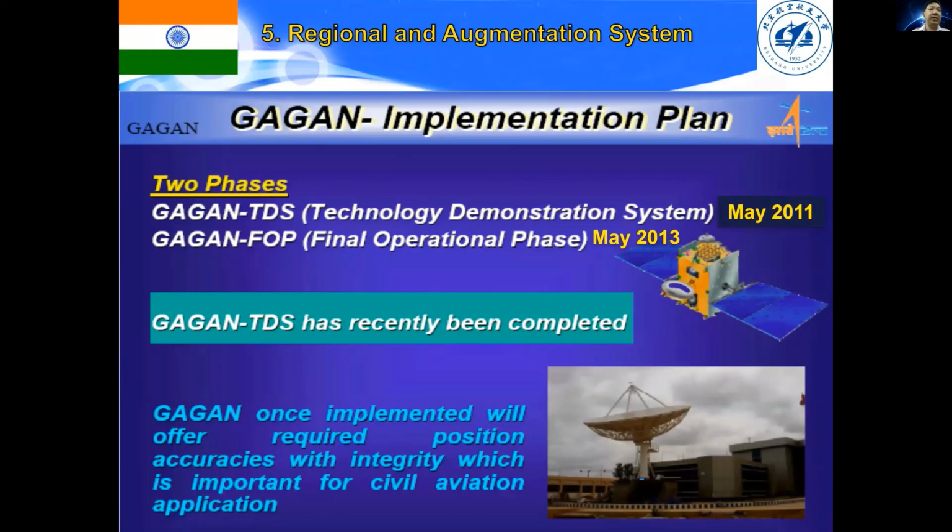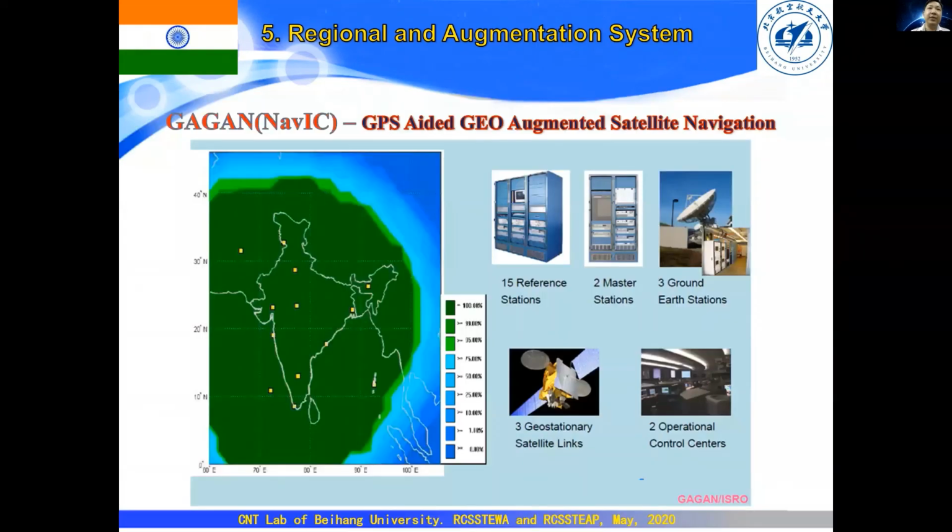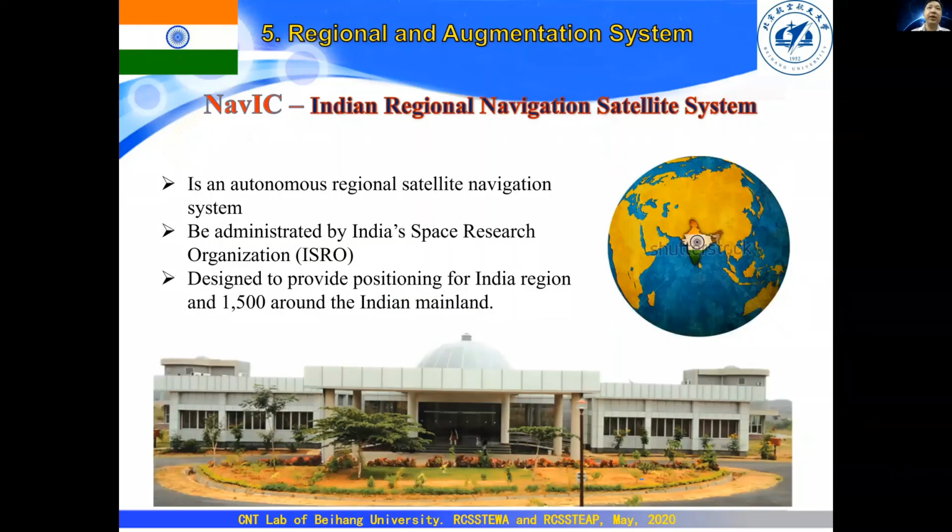NavIC is in two phases: first technology demonstration, and then the final operation phase, since 2016. Recently it has been completed. It provides service for India. It's called the Indian Regional Navigation Satellite System.